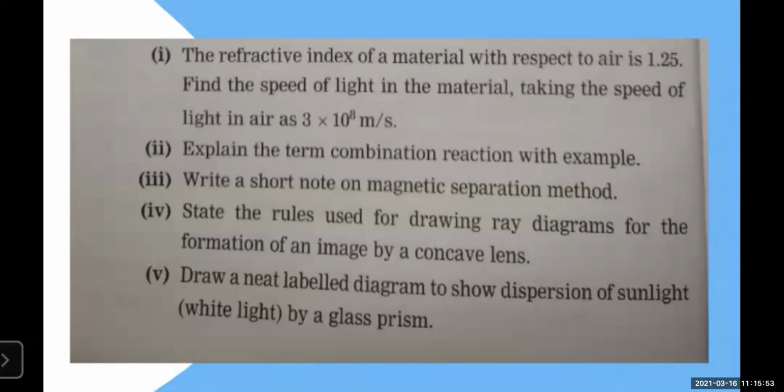See, all word problems are not difficult. So at least practice the simple ones. A simple formula you have to use, only substitute the values, solve and write down the answer. So this is simple. Question number 1 we will discuss now, then second, third, fourth, fifth.